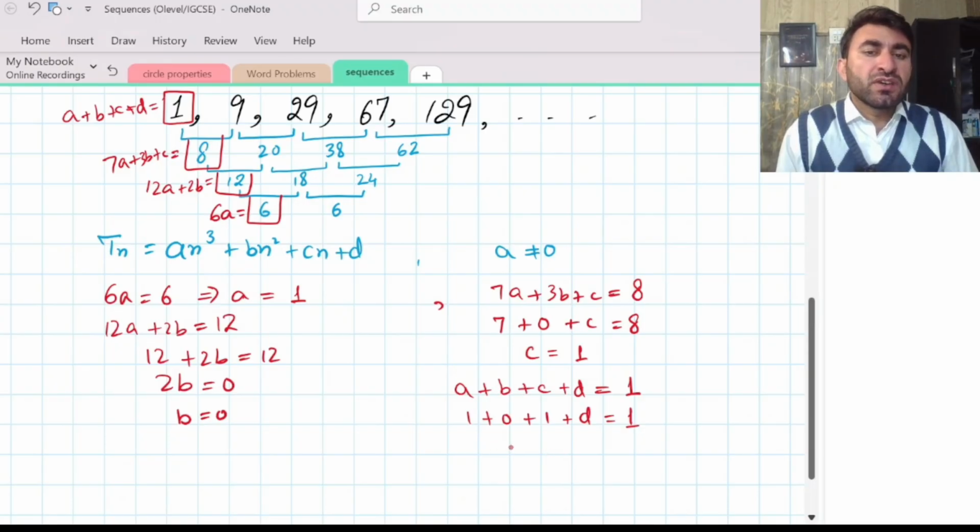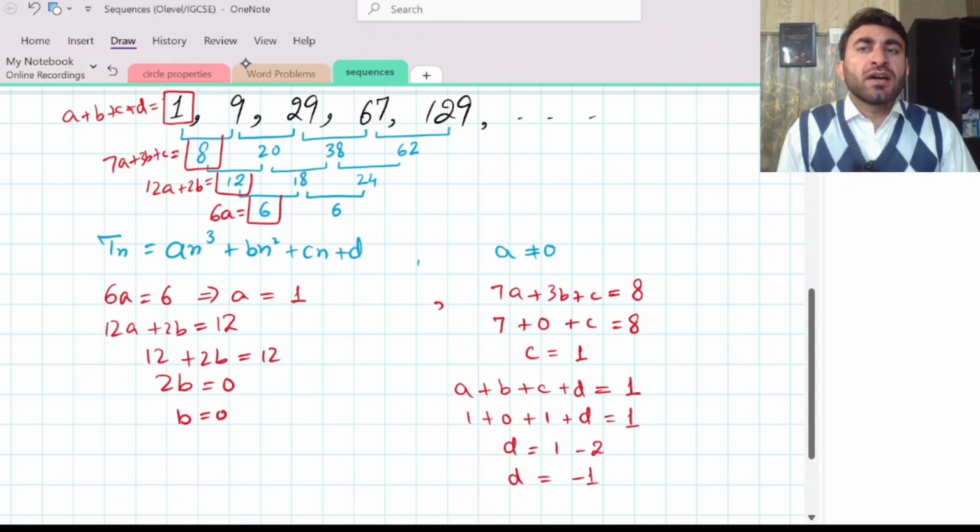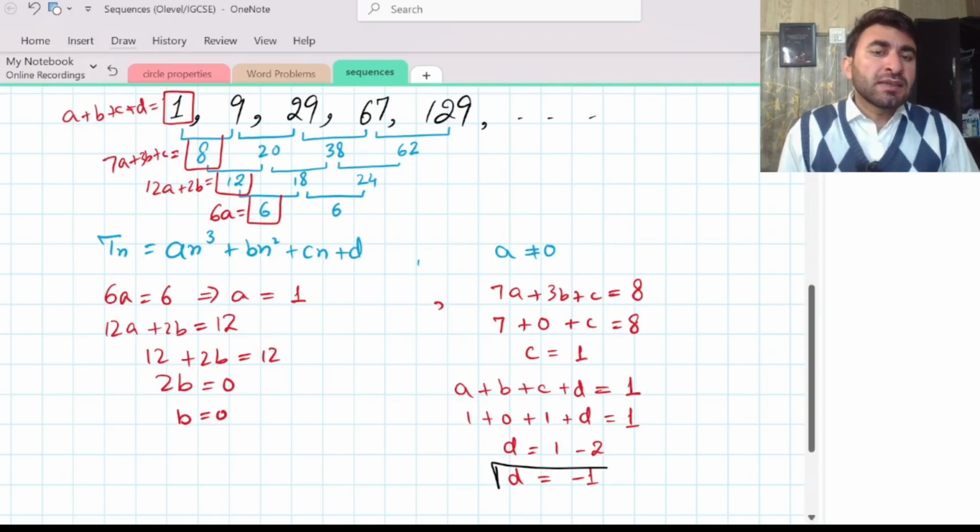So here we can figure out the value of d as 1 minus 2, and it is minus 1. As we have figured out the values of the four unknowns, we can replace these values in the expression we started with, and that shall be our nth term formula for the given sequence.